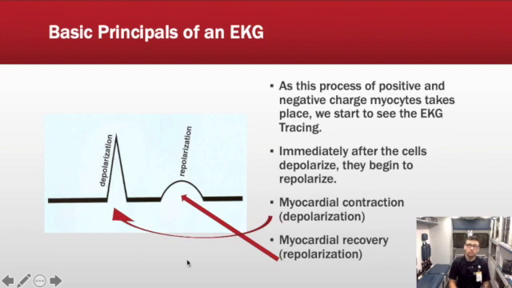When we look at an EKG, the pointy part, like this R wave, is depolarization. A short, rounded wave is repolarization. This is the heart contracting, and this is the heart relaxing and getting ready to recontract.